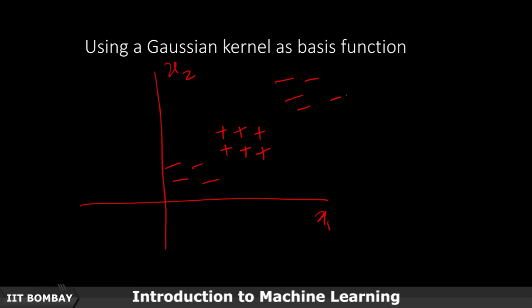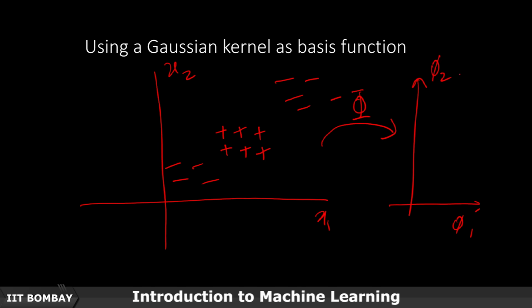Now, but if I transform this feature space into another space, right? So I do a transform, and let's call this transform phi. And in that, let's say I have two different axes now. The axes now are phi1 and phi2. So what is phi? Phi is basically a function of x that transforms x into new variables phi1 and phi2.